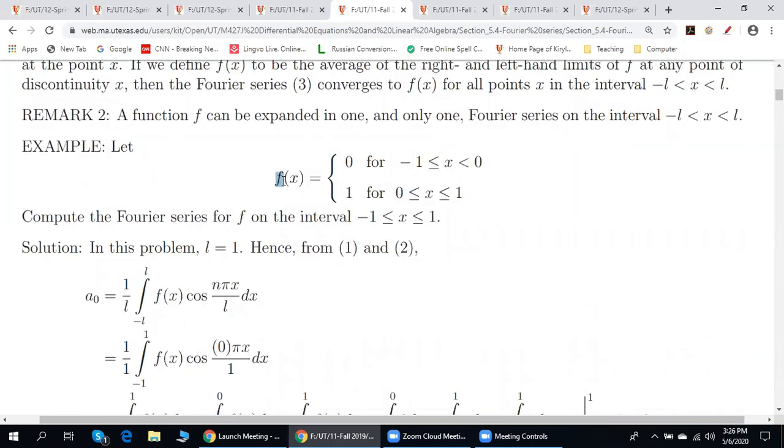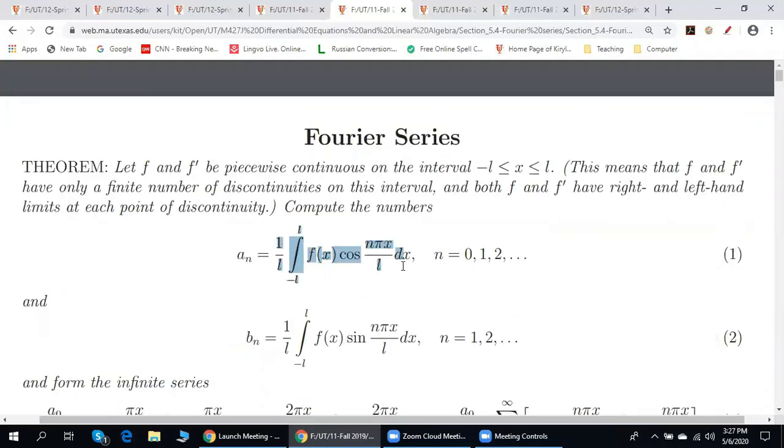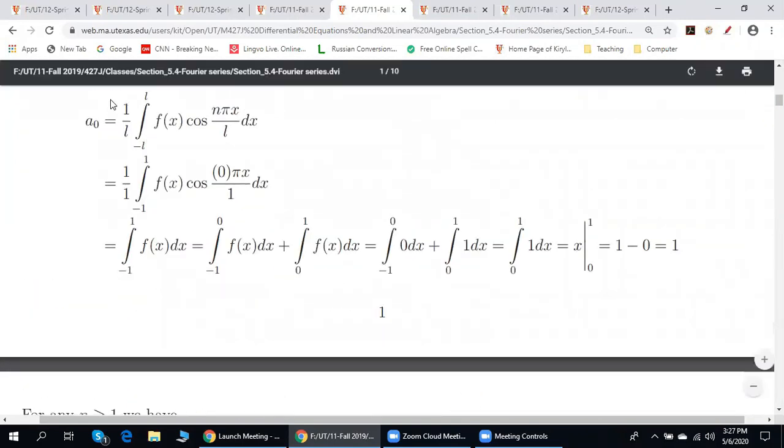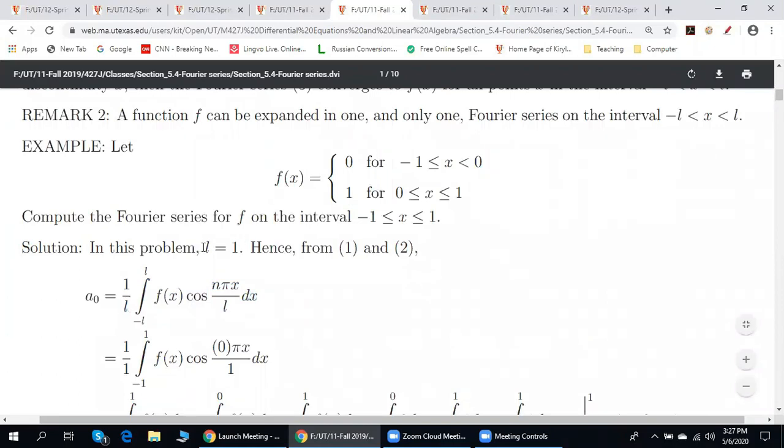Example number 1. F of x is given. It's a piecewise function. We want to find its Fourier series. Step 1, find a0. For convenience, we copy this formula over here. Then we replace L by 1 because according to what is written here, L is equal to 1.